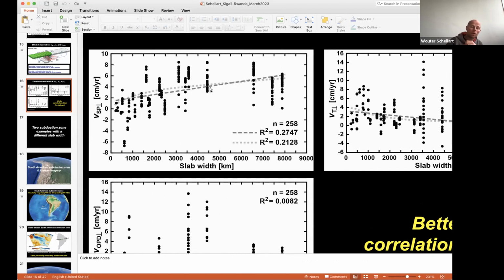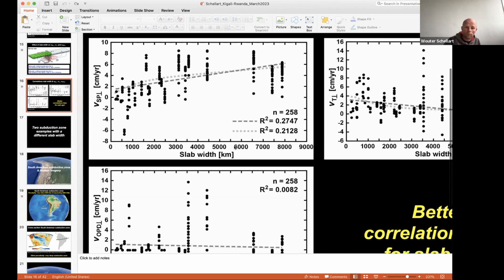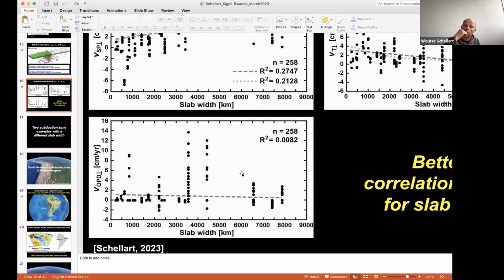But it works better if, rather than thinking of all these individual subduction segments, we average these velocities for individual subduction zones. And this scaling formulation is simply a derivation of the Stokes sinking velocity. So that works quite well. But for overriding plate deformation, it will be harder to formulate these, I guess.